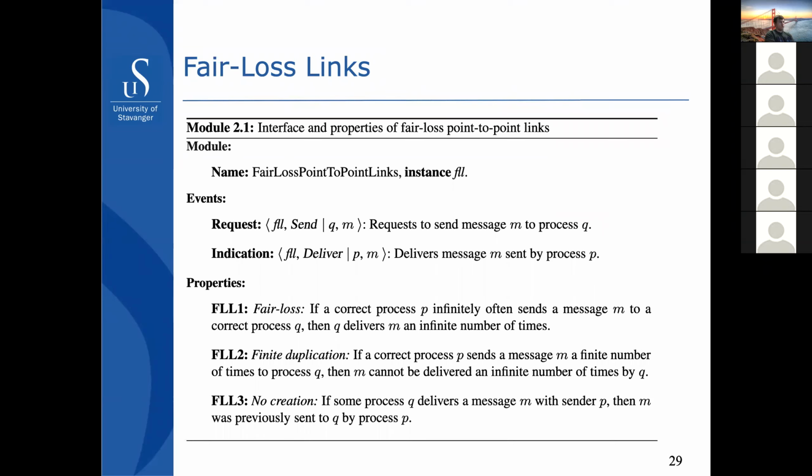Then there is the safety property, no creation: if some process Q delivers a message M with sender P, then message M was previously sent to Q by P. This means that the system itself doesn't create a message from thin air.